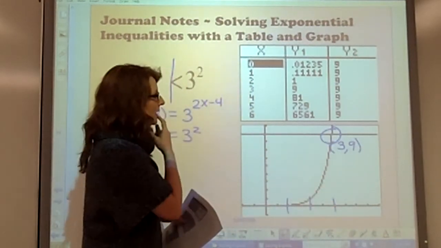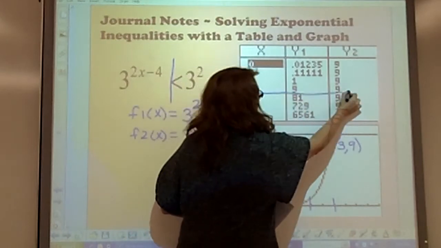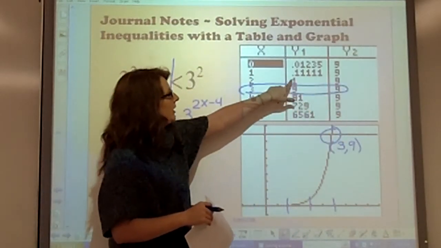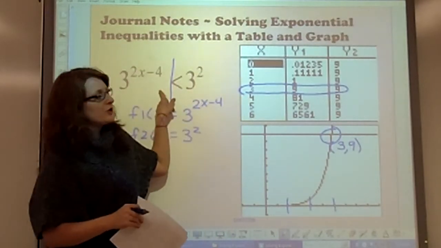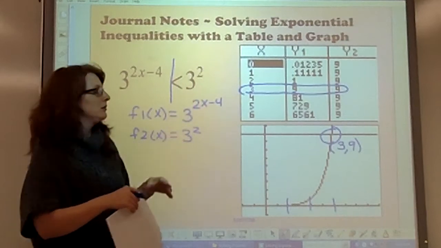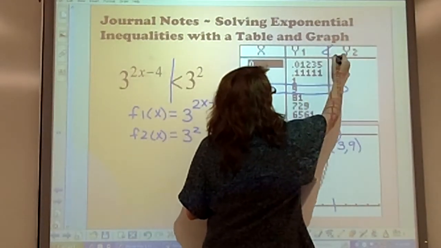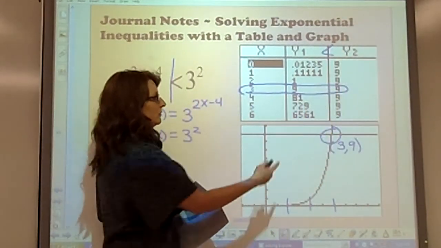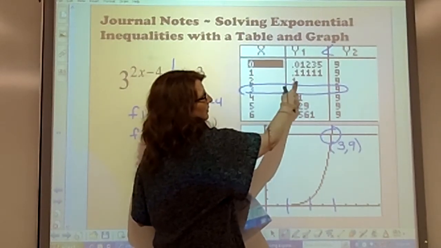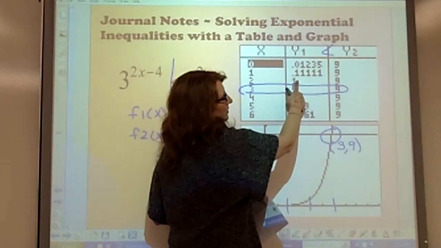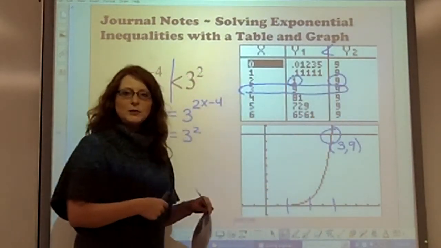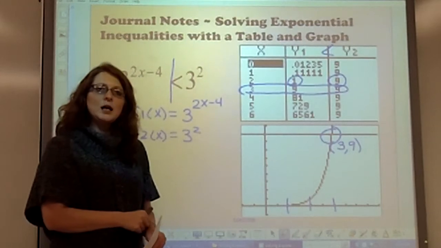So there's a few ways I can check. One is my table, and I can look right here and say the first function should be less than the second function. And let's just look where that's true. Starting this direction, which would be less than 3, my first function value is 1, less than my second function value of 9.